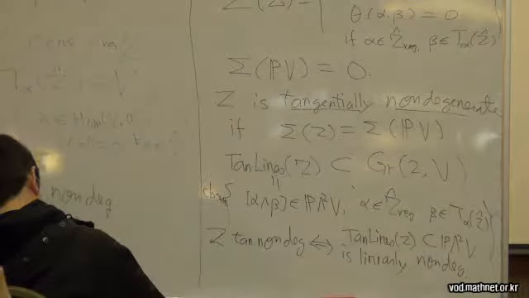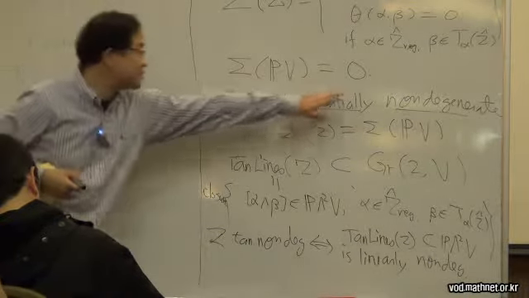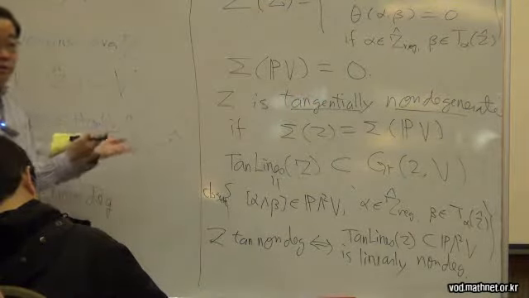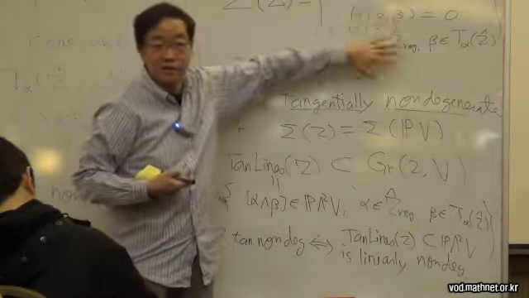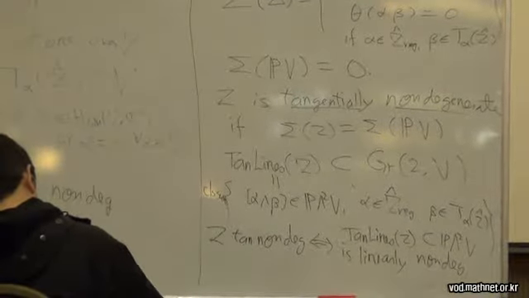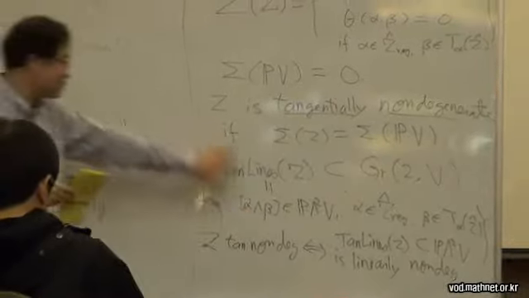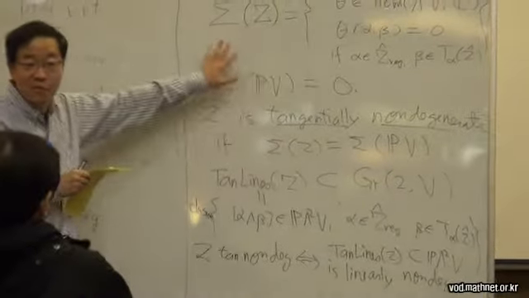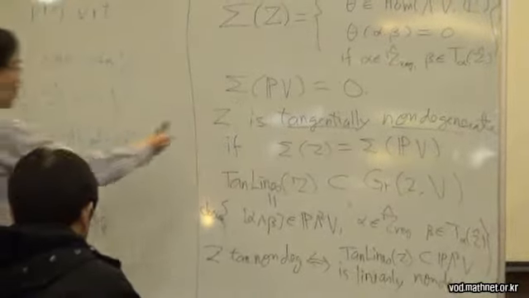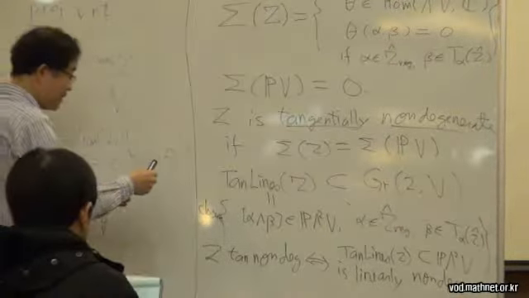So in other words, tangentially non-degenerate means that the tangent vectors to Z span all two vectors of the vector space. That's the definition. I think up to here is reasonably classical. So there may be more standard terminology, but this is the term I just picked by myself.